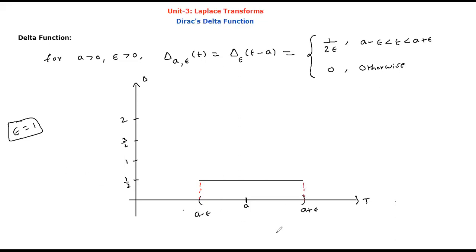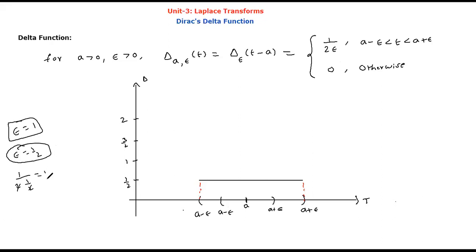Now let us take epsilon equals 1 by 2. That is half of this interval. This is a minus 1, this is a plus 1. So a minus 1 by 2 is exactly half of this. So this is a minus epsilon to a plus epsilon. Substitute epsilon equals 1 by 2 here: 1 by 2 into epsilon is 1 by 2, the 2 gets cancelled.